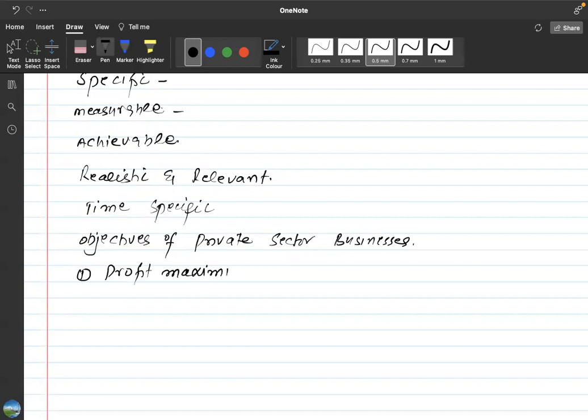Profit maximization is simply an effort to increase the profit in the future. This is the core objective because of which businesses exist. Profits are important because entrepreneurs have invested into the business because they want to earn profit. So simply it means that they want to increase their returns from whatever they have invested into the business.